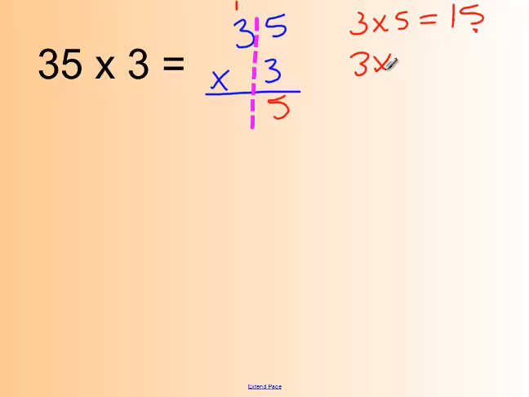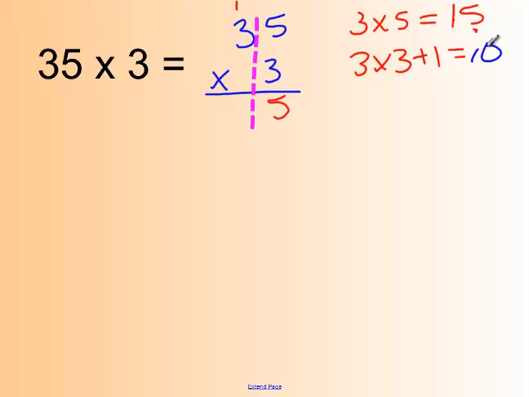So 3 times 3, and we're not done. Remember that 1 that we had to carry over from the answer of 15? You add that in. Is it coming back to you now? Okay, now you remember doing order of operations. There's a reason we did that. 3 times 3, if we look at the problem on my notes, 3 times 3 is equal to 9, plus 1 more, you're right, is 10.